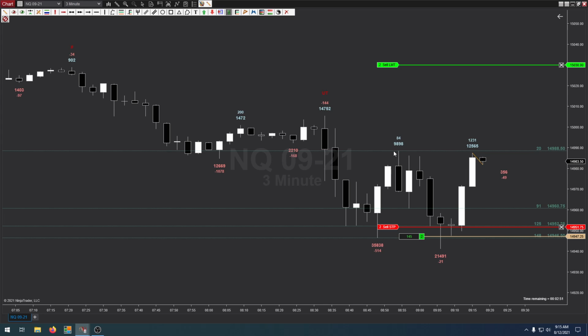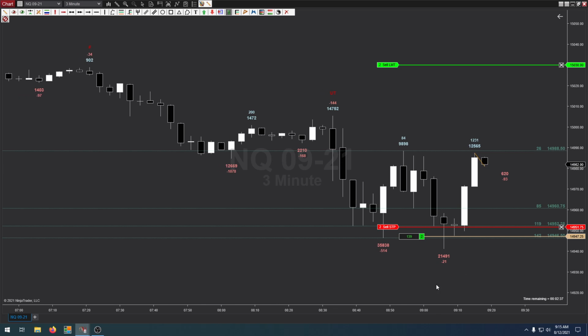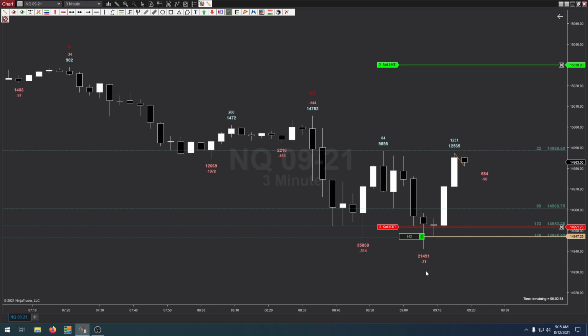It could not reach this high right here, even with the Mariposa candle and this before it. That's a strong move, so is that. It could not reach this high. So we have to be careful. We need to take out this high right here and close above it to have a shot to go after that high right there.